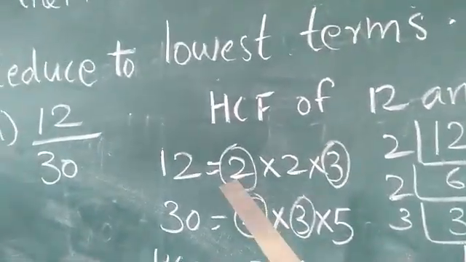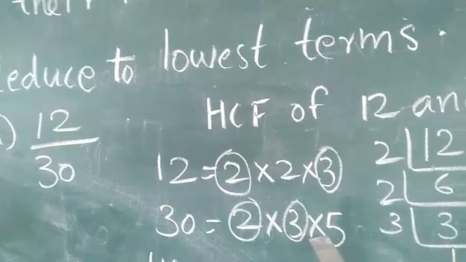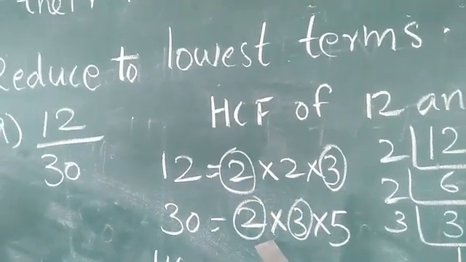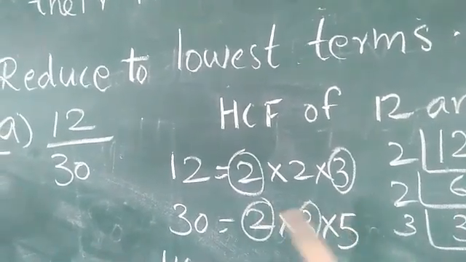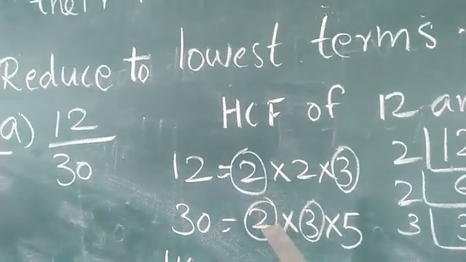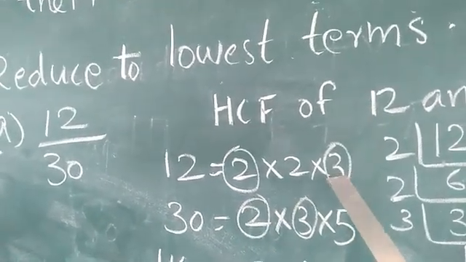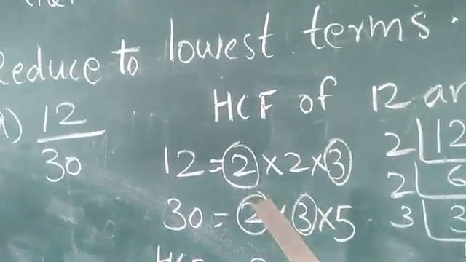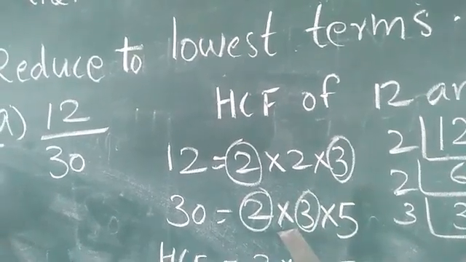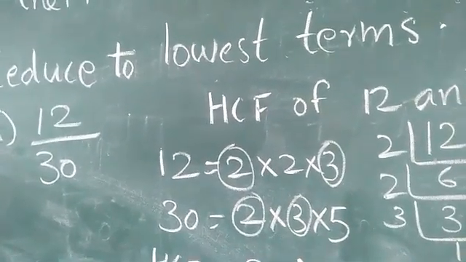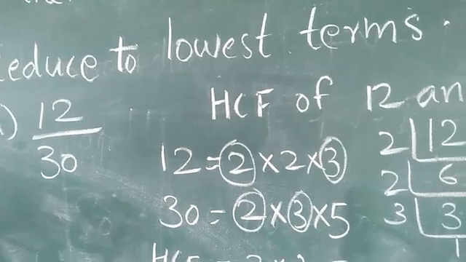We will represent it like this and calculate the highest common factor. Here common factor 2, one more common factor 3. Their product we will get 6. So 6 is the highest common factor.